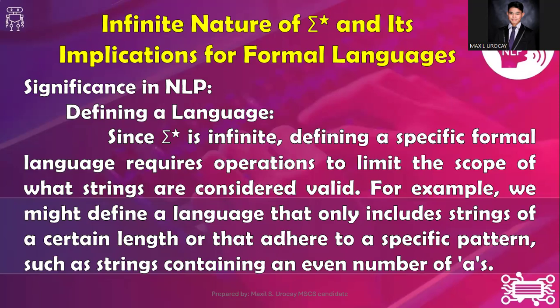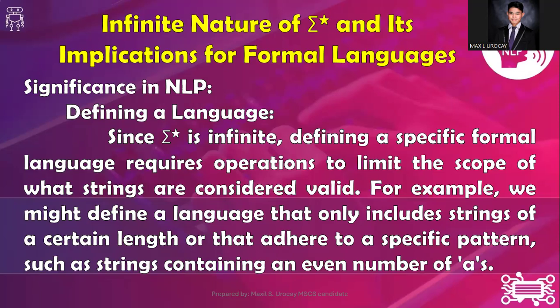So in this kind of scenario in NLP, defining a language within the set of strings to the power of Kleene star is crucial because this is infinite and we need to limit the scope of what strings are considered valid. To do this, operations such as defining constraints on string length or specific patterns are used.